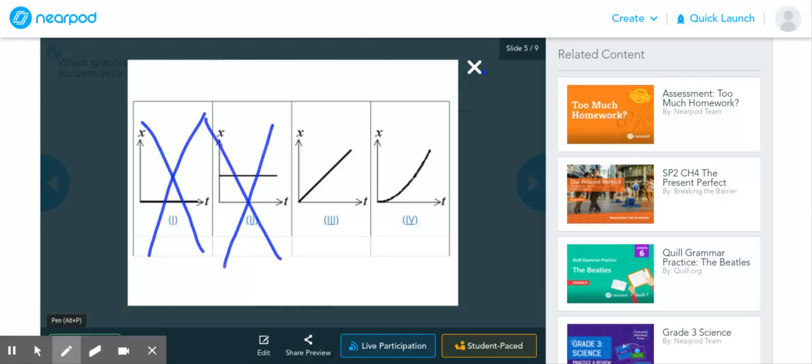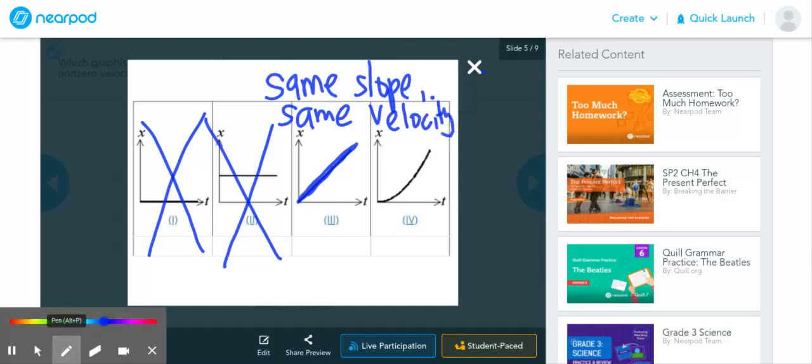So we know that the slope of the line is equal to velocity. The slope of this line here, number 3, doesn't change. Same slope the whole way, same or constant velocity.